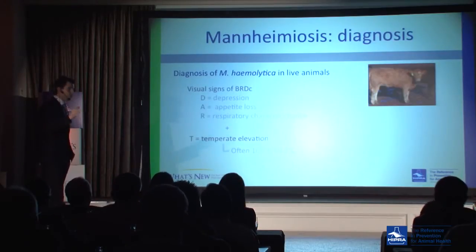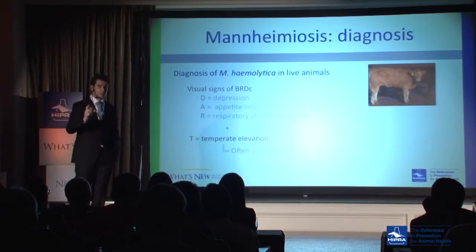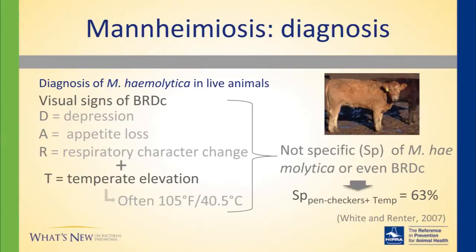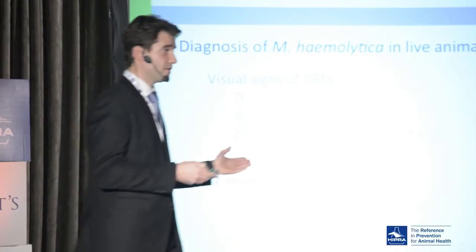So now if we're talking about the diagnosis in live animals, because we also diagnose BRD on live animals, the diagnosis is based on visual signs of BRD, so depression, appetite, and respiratory character change, and an elevation of temperature. The threshold that we commonly use in North America is 105 degrees Fahrenheit or 40.5 degrees Celsius to determine an animal as BRD affected.